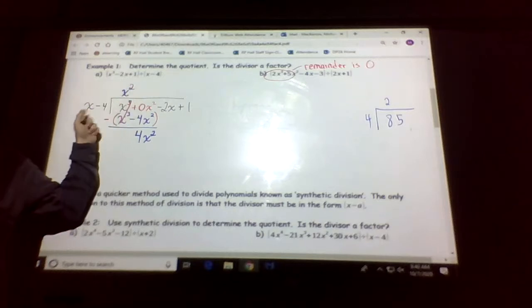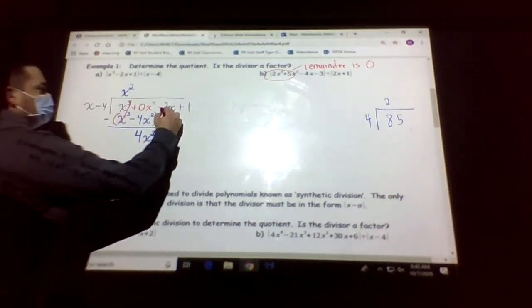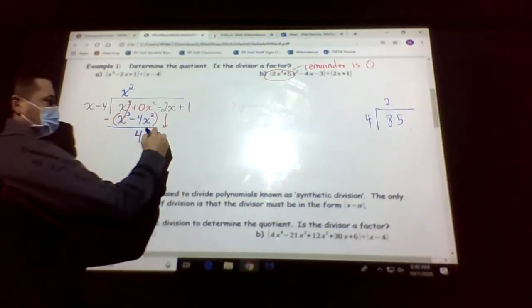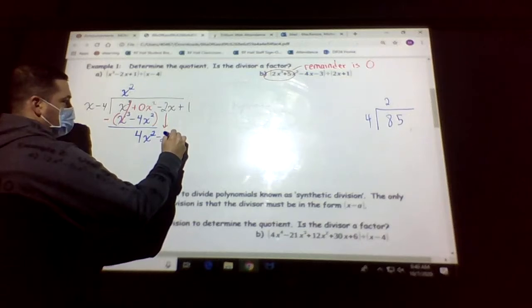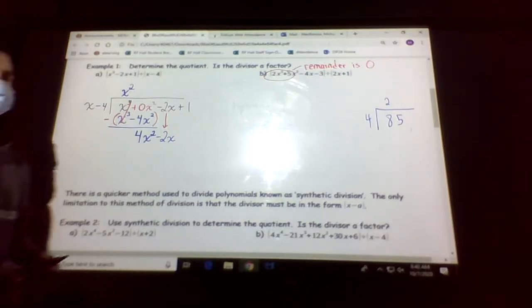So we multiply, we subtract, now we carry down the negative 2x. And now we repeat the process.